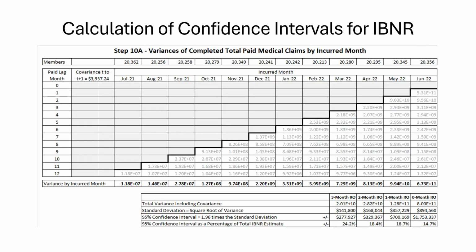For example, the variance for the point estimate on May 1, 2022 is the sum of the 10 prior variances plus 2 times 9 times $3,937.24, or $2.82 times 10 to the 10th. The 95% confidence interval for this estimate is then $1,795,231 plus or minus $329,367, or 18.4% of the IBNR point estimate.